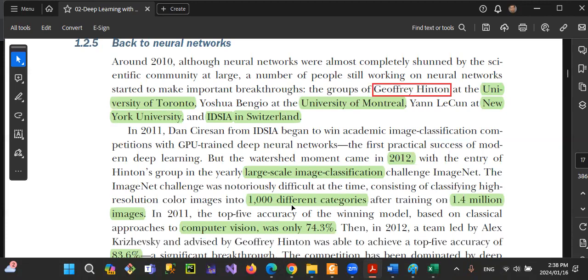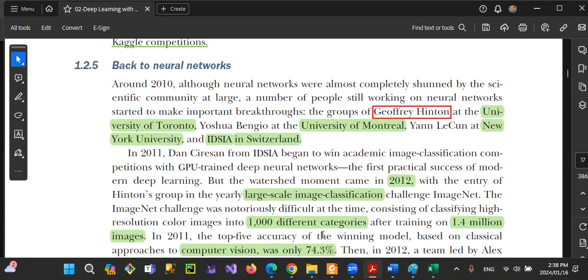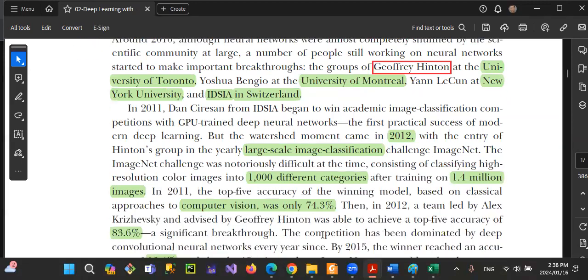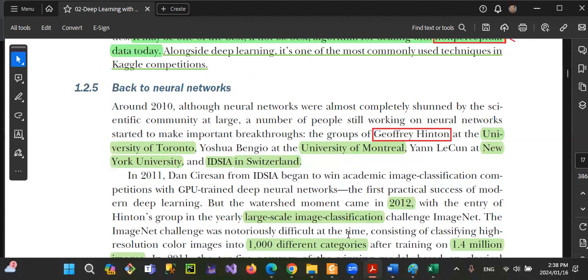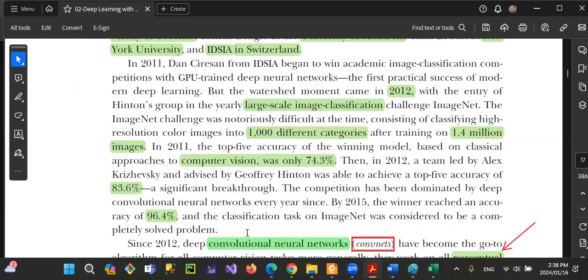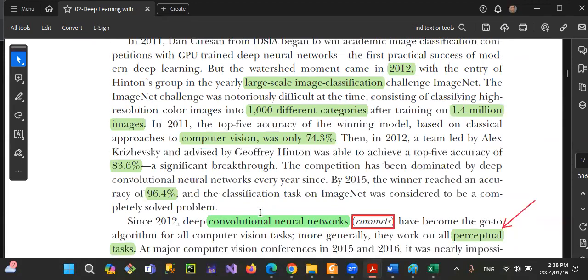And the time that he started applying deep learning, it jumped 9% higher, to 83.6. And after a while, they reached 96.4 that you see. They said that the problem is solved. They don't need to work on this problem anymore.